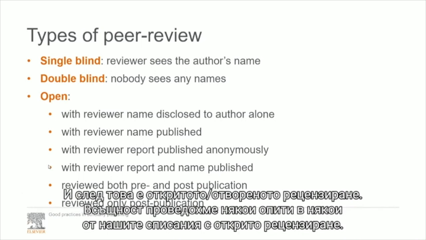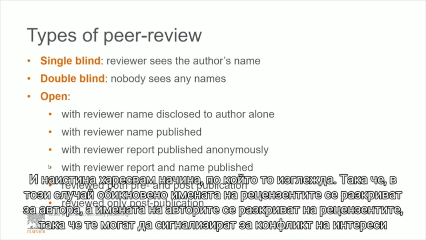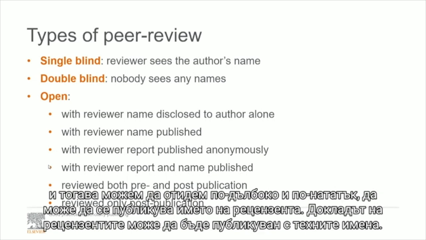But then there is the open peer review. We've actually been having some trials in some of our journals with open peer review, and I really like the way it looks. In this case, usually the reviewer's name is disclosed to the author, and the author's name is disclosed to the reviewer, so they both can flag conflict of interest, but then we can go deeper and further. So the reviewer name can be published, and the reviewer's report can be published with or without their name.